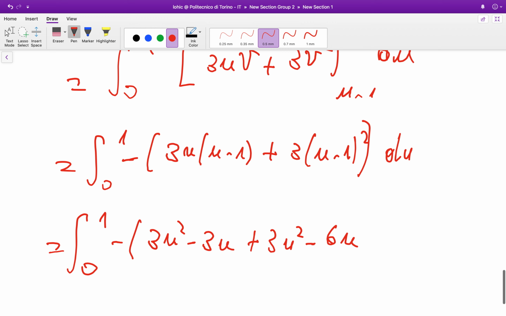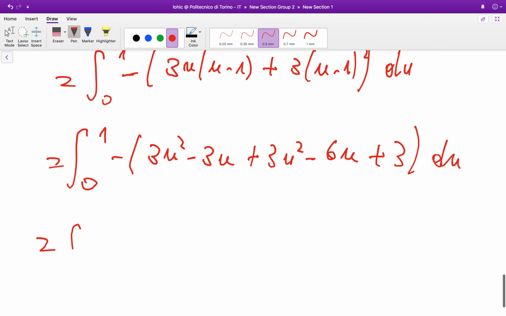And plus 3 in du. Okay, so it gives you the integral from 0 to 1 of 3u square and 3u square cancel. You have minus 9u plus 3, right?